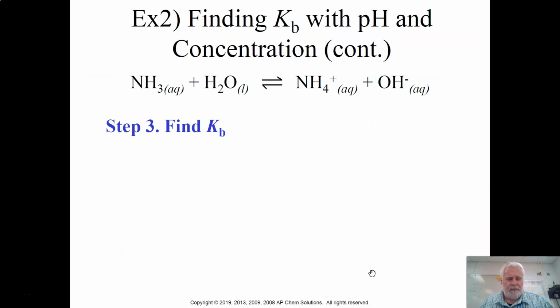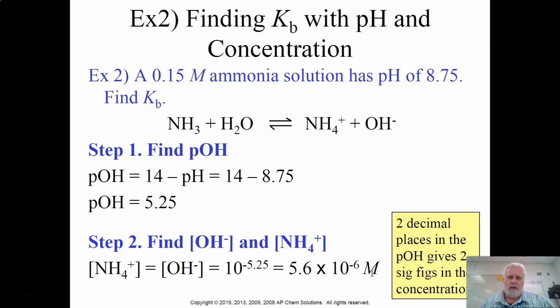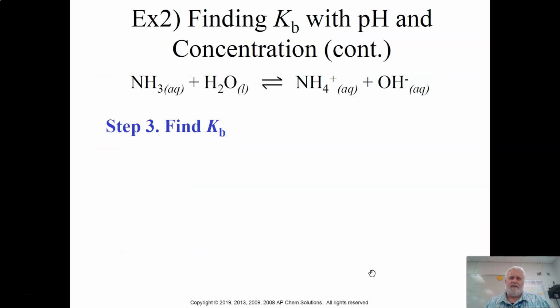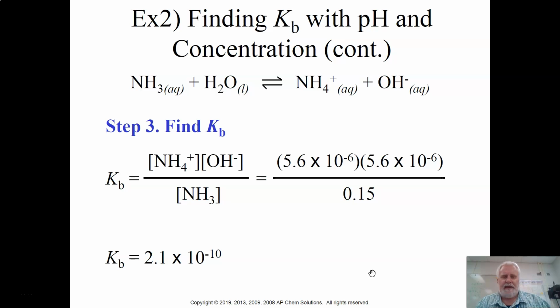Okay, now what about Kb? So we got the OH concentration. How are we going to move that into finding a Kb? Well, if we know the concentrations of everything, and we do, then you can just plug them into your equilibrium law expression. These are equal.